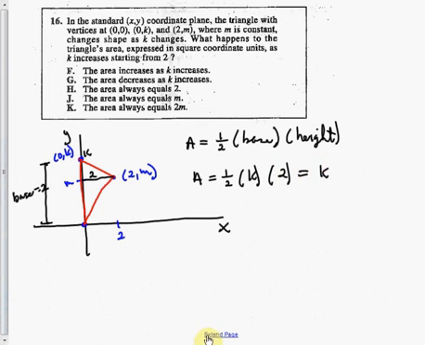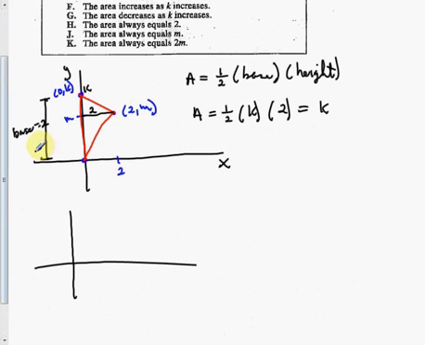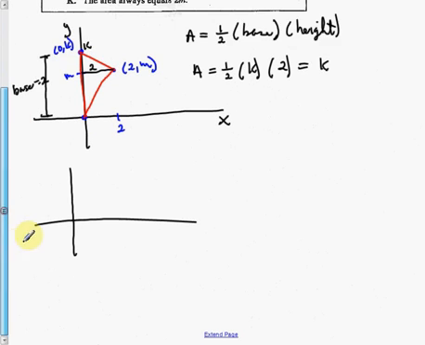Now check this out. What if I change it? It says that you can change it. Why can you change it? You can change it because K can be any number on the Y-axis. I have this fixed point at the origin, 0, 0. That doesn't change. But what if K is down here?